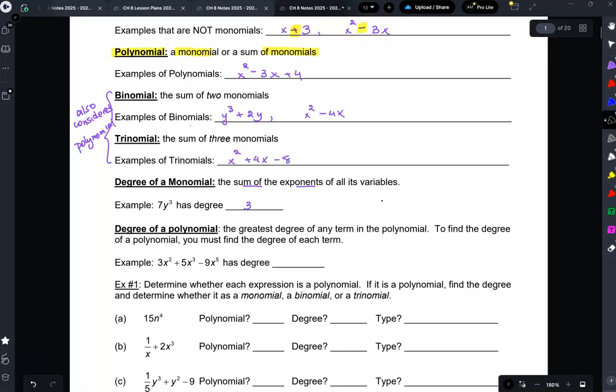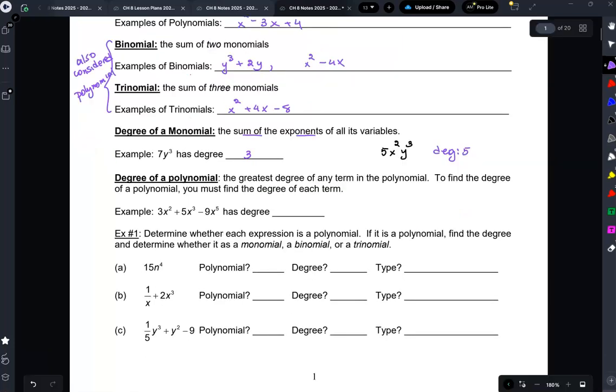So for example, if I have 5x squared y cubed, what would be the degree? 5. Right? Because it's 3 plus 2. Okay. The degree of a polynomial is the highest degree of each of the monomials. Okay? I'm confused. Why?